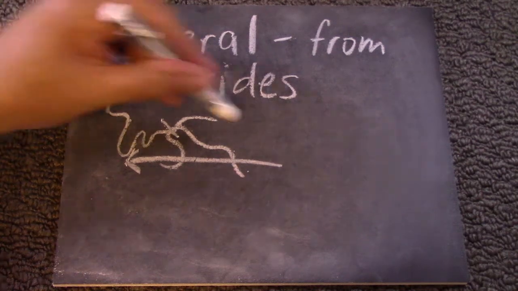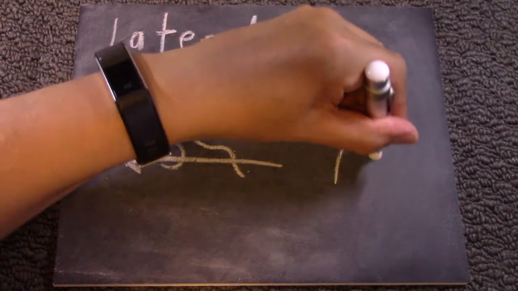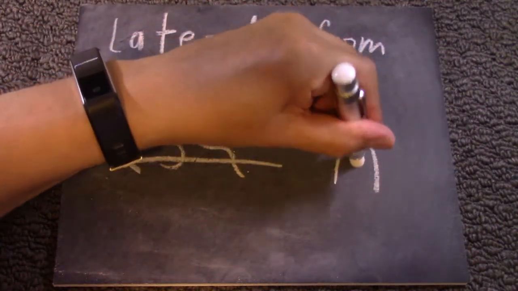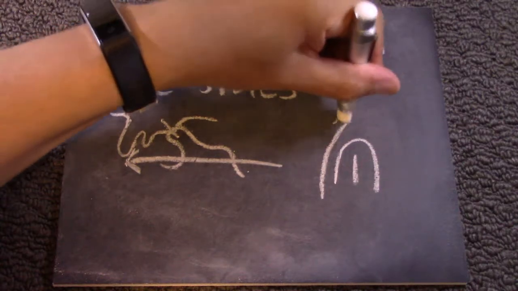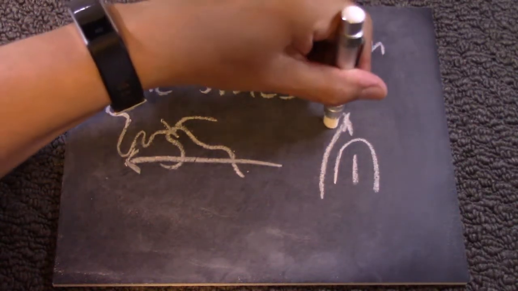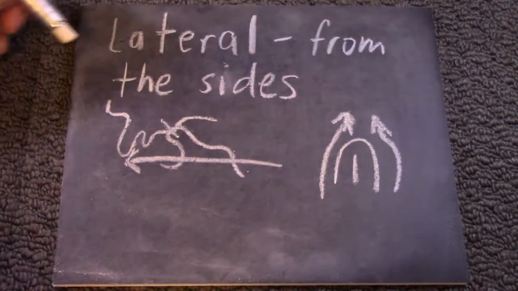So if you think of the mouth, this is our tongue. When we make a lateral sound, we're blowing air out around the sides of our tongue.